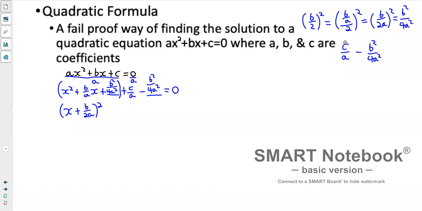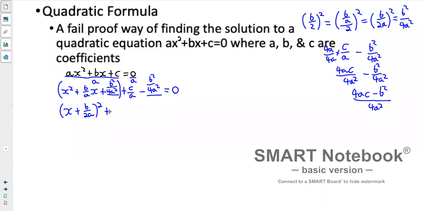So this doesn't have a 4a squared, so we need to multiply the top and bottom by 4a. So we have 4ac over 4a squared minus b squared over 4a squared. So we can combine that into a single term. So that's 4ac minus b squared over 4a squared.